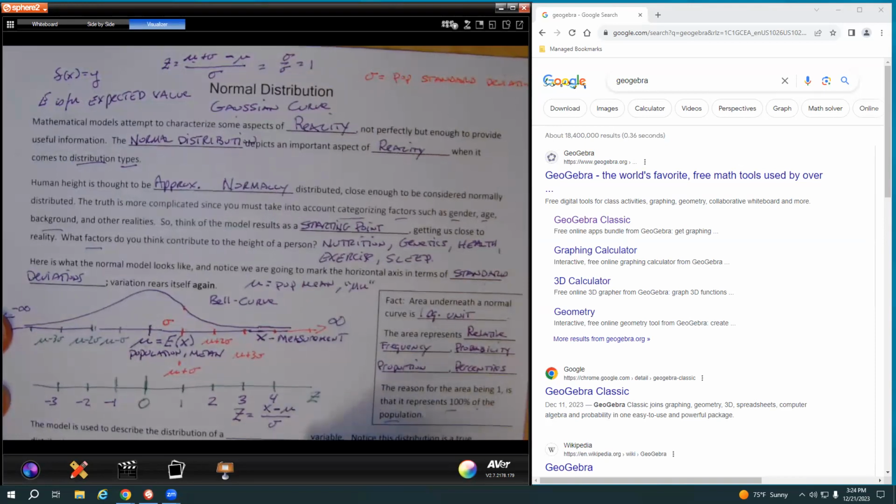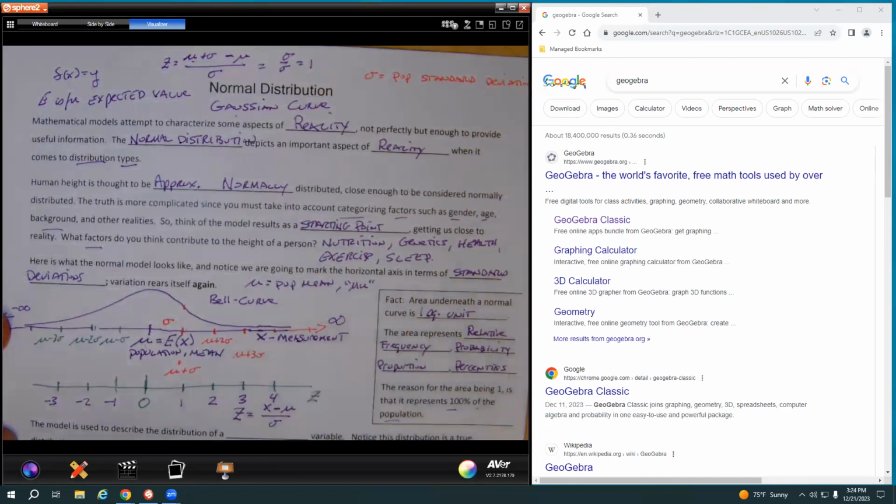We're going to talk a lot in terms of z-scores. We want to get used to doing this. It's a way of letting the reader know how extreme a measurement is. So again, this model is used to describe the distribution of a continuous variable.